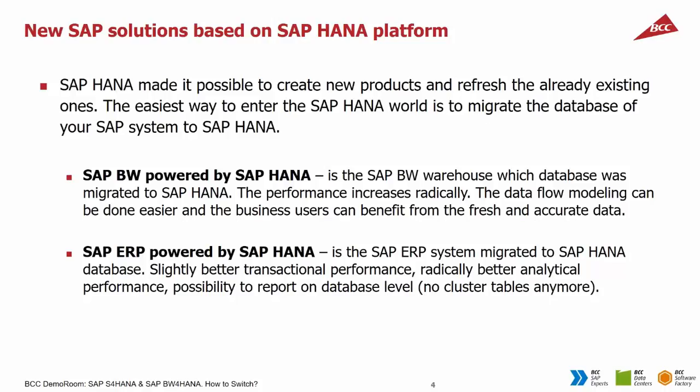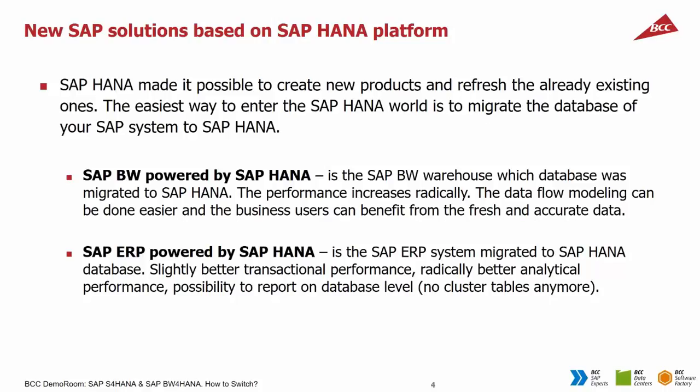SAP HANA database stores data differently. It stores data in a column mode, so that data is easily aggregable. It's easy to aggregate data, and accessing the data can be done much quicker.